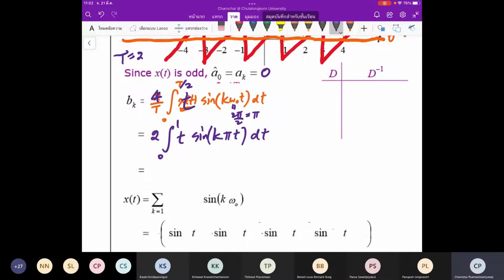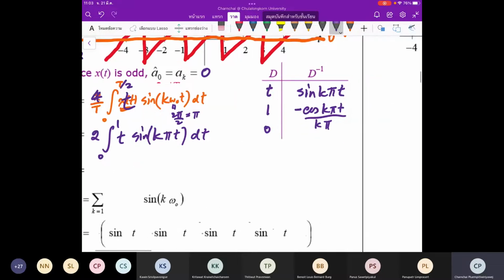Go ahead and integrate this. We do the same thing, integration by parts. This is t, the sine of k pi t. Integrate t, you get 1. Take the derivative again, we get zero. Integrate sine k pi t, you get negative cosine k pi t over k pi.